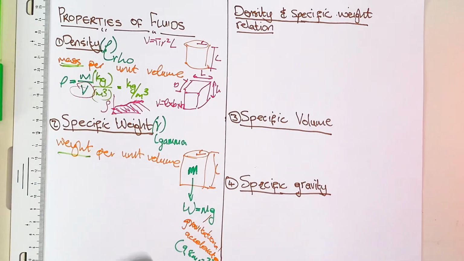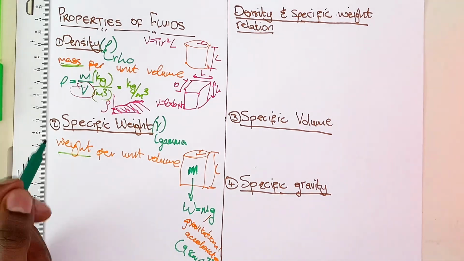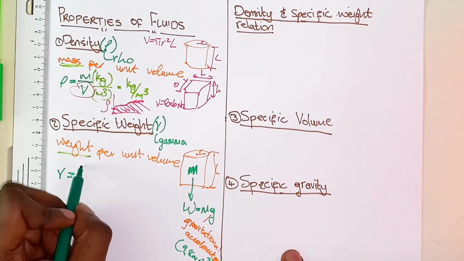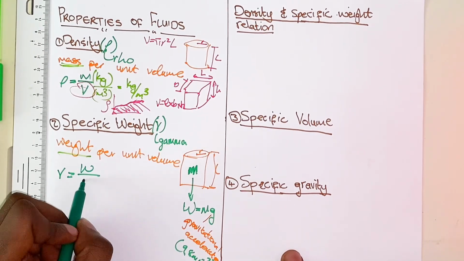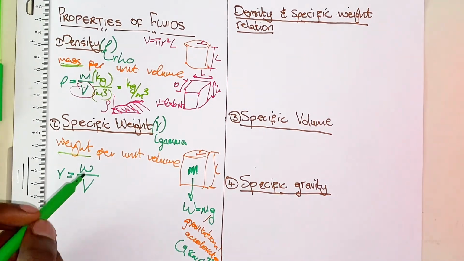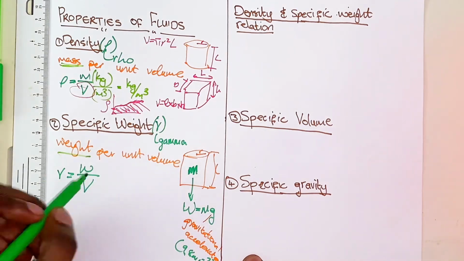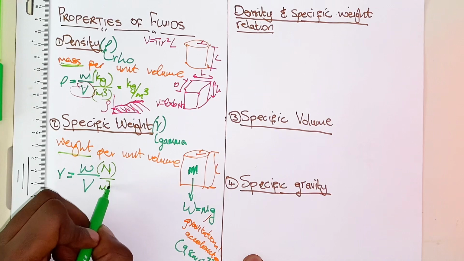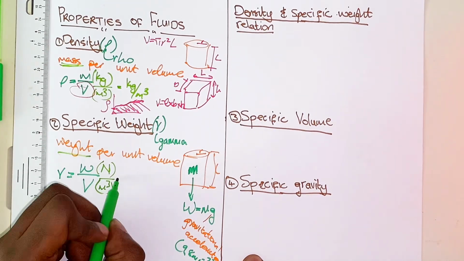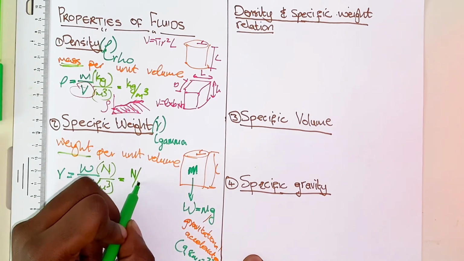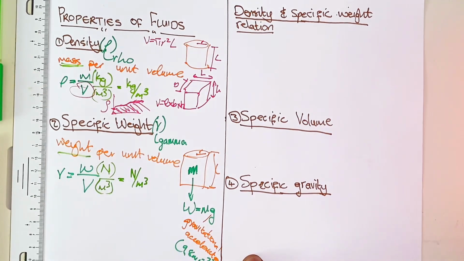Now, to represent this mathematically, we are going to say specific weight, which is gamma, is given by weight per unit volume. Weight is a force because we said that gravitation will exert a force on the mass. So our weight is given in newtons, while our volume is still given in cubic meters. Now, the SI unit of gamma will be newtons per cubic meter.